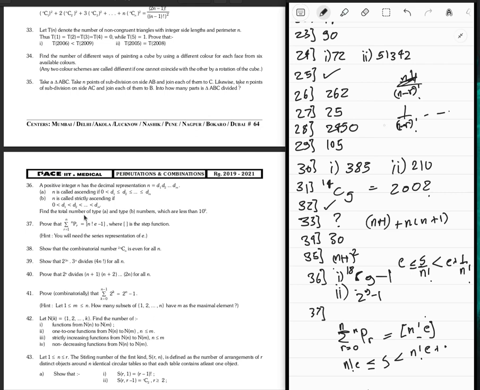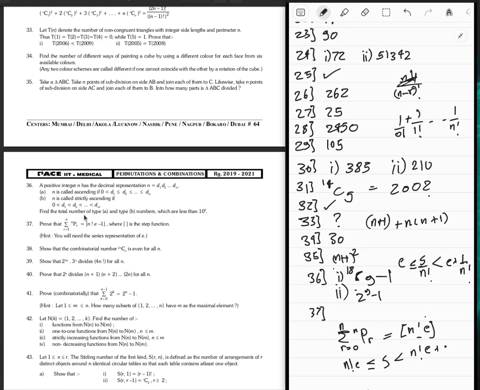So r equal to 0 is like 1 upon n factorial, then 1 upon, oh, I get it, till eventually we get to r equal to n, which is 1 upon 0 factorial, that's just 1, then you got 1 upon 1 factorial, and so on. So it's still 1 upon n factorial basically, right? That's what S upon n factorial will be, and you're saying it's bigger than or equal to e and less than e plus 1.